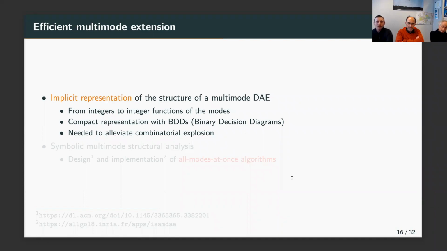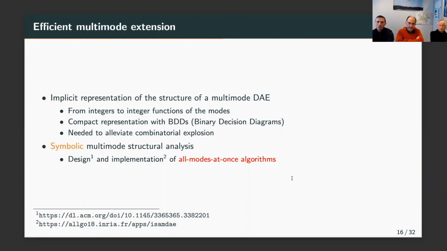And this was absolutely needed to alleviate combinatorial explosion, because this also helps us represent an exponential number of modes in a linear number of variables.